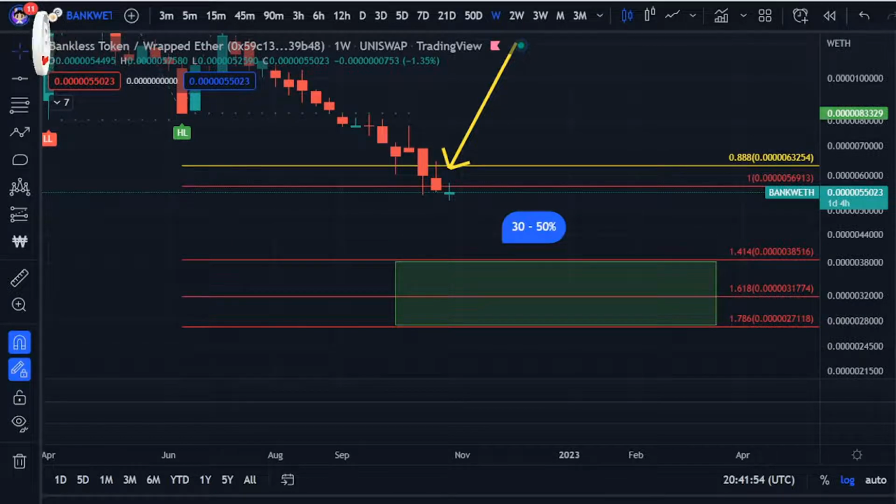However, towards the end of this video, I can show you how this may easily coincide with a 10 to 20% increase in the value of Ethereum itself before reversing. So what might a reversal look like?